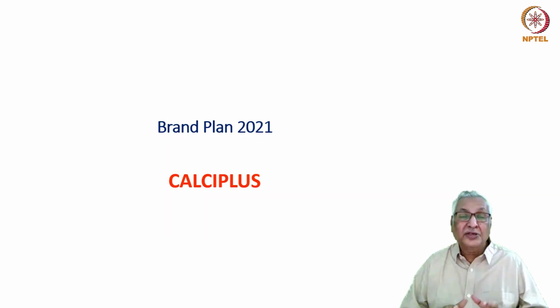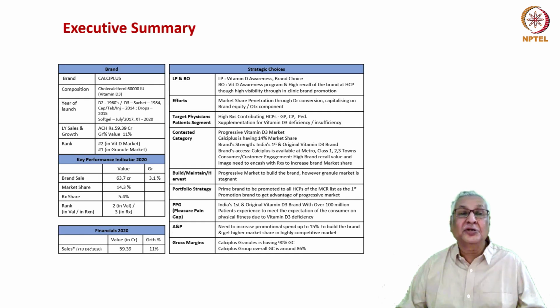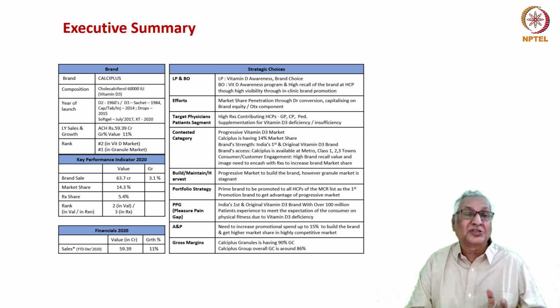So the company needs to do a brand plan for Calci Plus, and the brand plan will be done by none other than the product manager, because he has the end-to-end responsibility. So he or she would detail the brand. What is the brand? What is the generic product that exists in the brand? When is it launched?